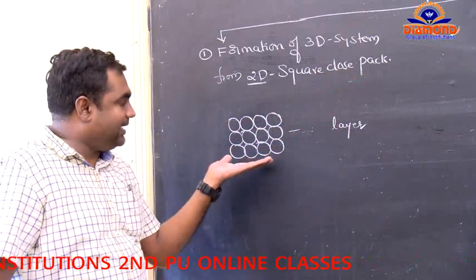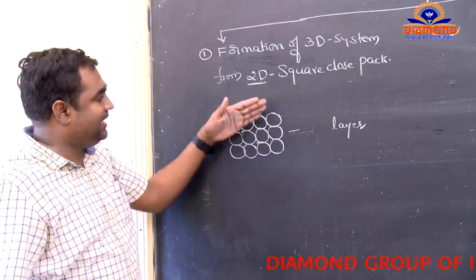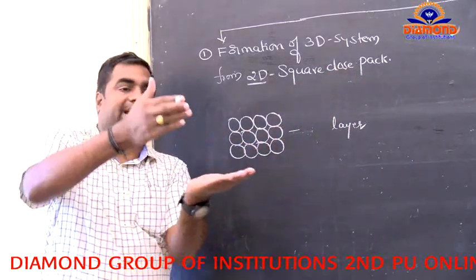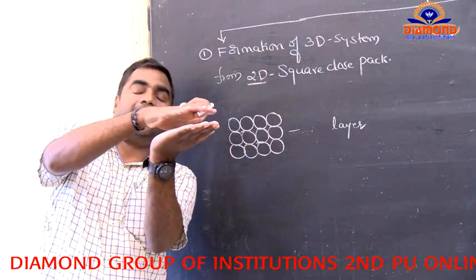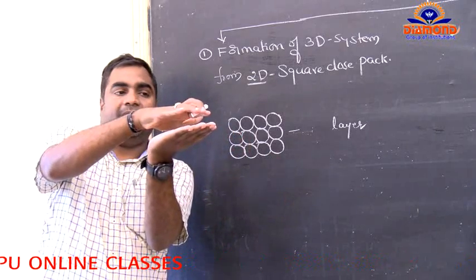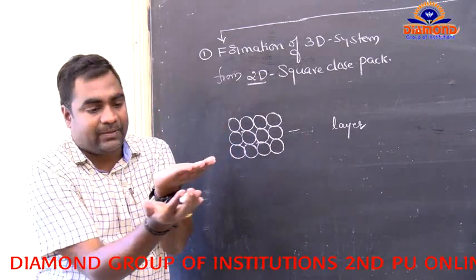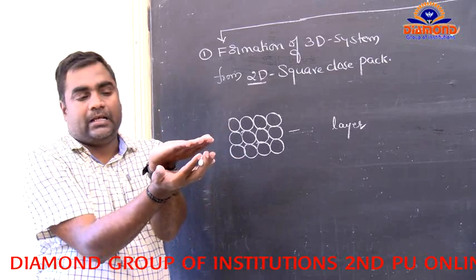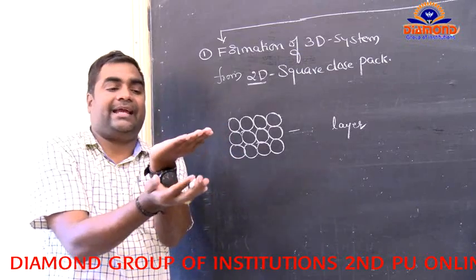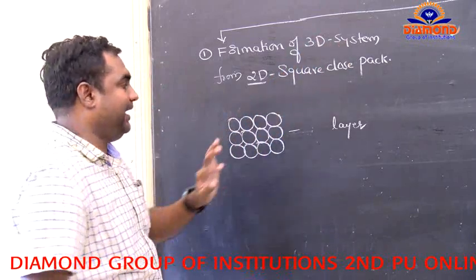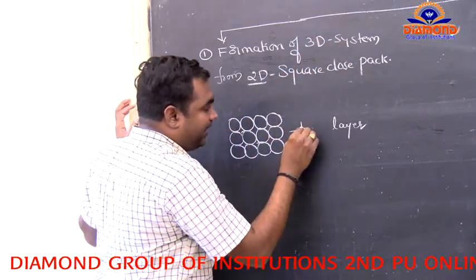The same type of layer is placed exactly over it, and again the same layer is placed exactly below it. We can arrange like this and get the 3D system.